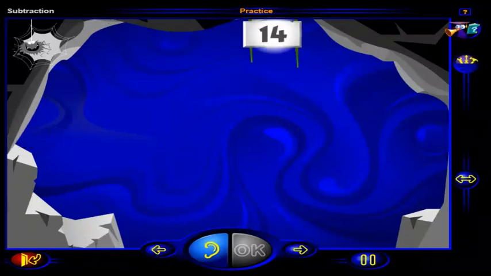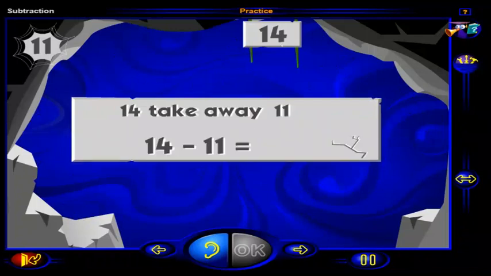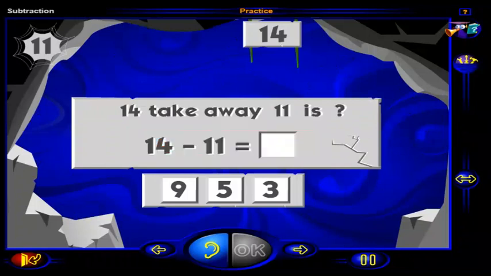There were 14 bats in this cave. 11 of the bats flew away. So the number of bats that are left is 14 take away 11. 14 minus 11 equals what number? Drag the number here, then click OK.